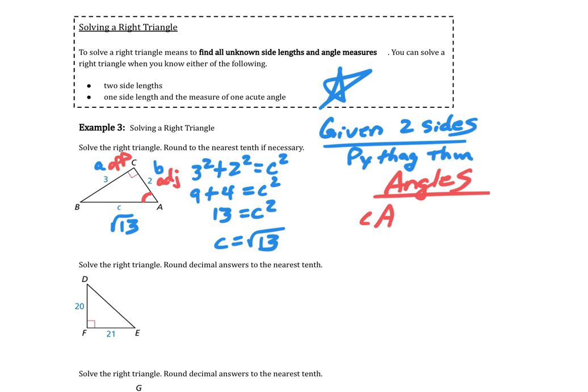Why am I choosing the opposite side and the adjacent side? What's better about those sides than my hypotenuse? If I looked at these three values, 2, 3, and radical 13, what would be the best numbers to use? Yeah, the nice whole numbers, right? So that's why I'm choosing, let's use the opposite and adjacent. Let's not use the hypotenuse because it's a radical or a decimal. We don't really want to do that, okay?